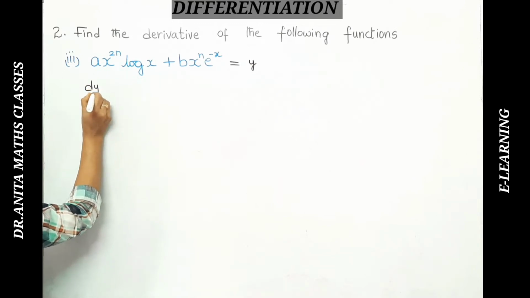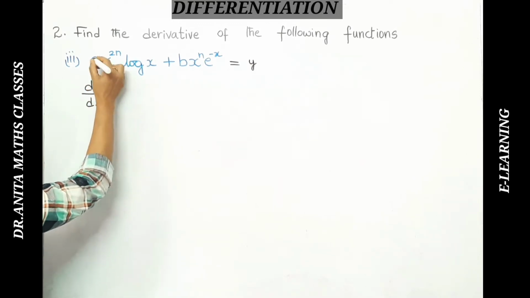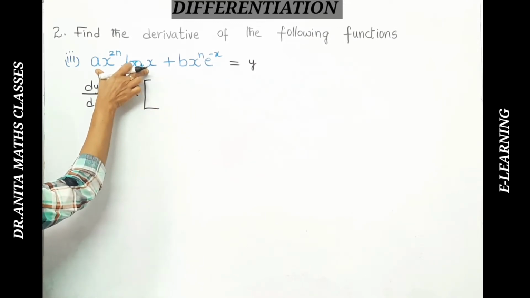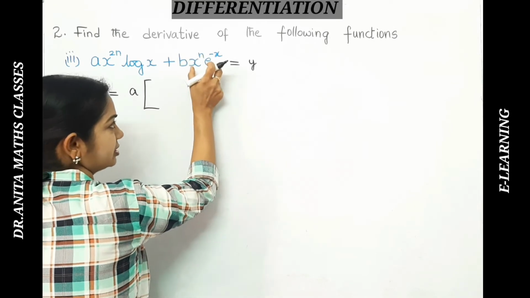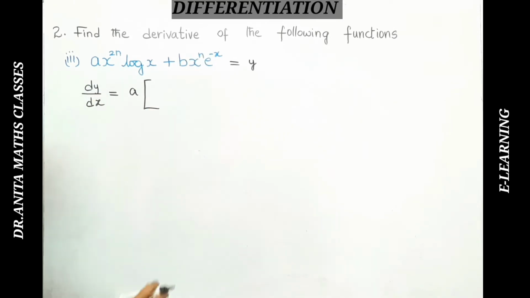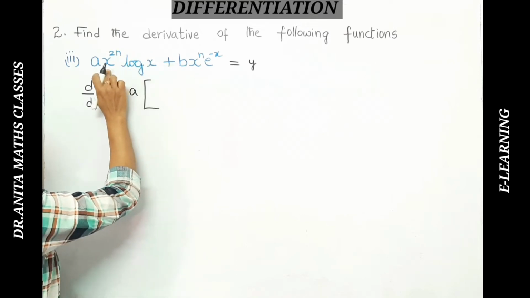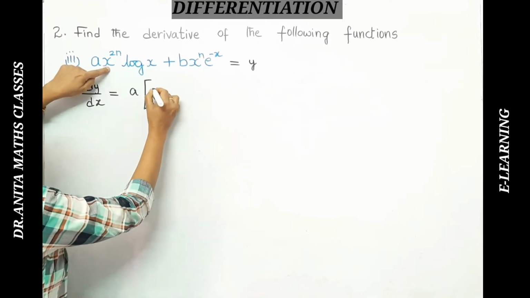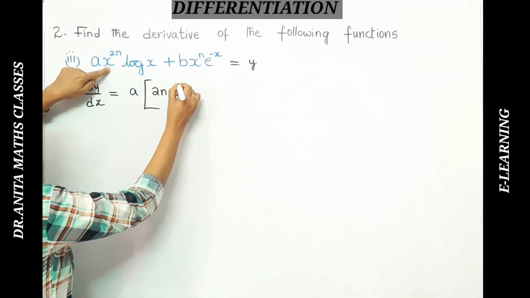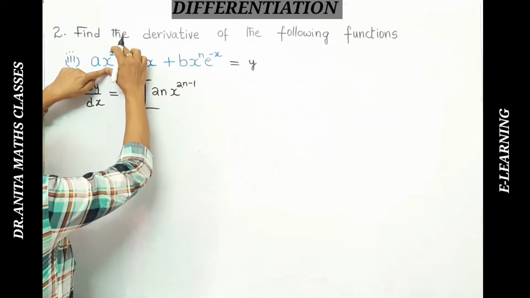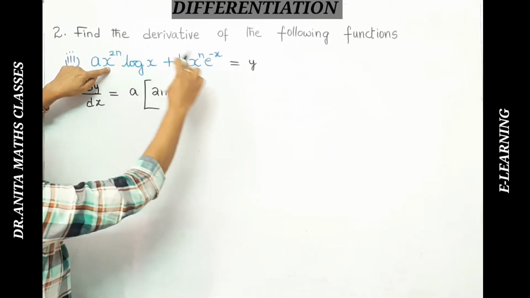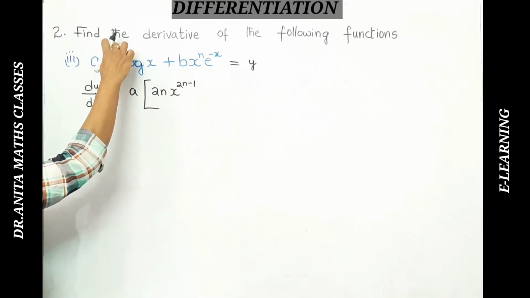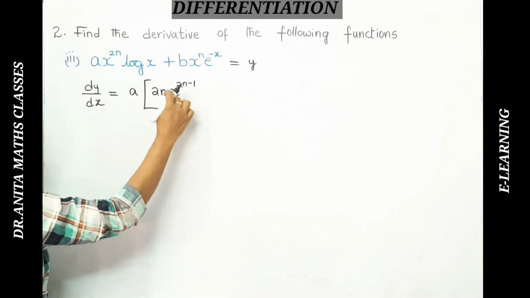So dy by dx equals, so let me take the constant out and differentiate this function, the uv product, u into v. Now here u is this part and v is this function. So differentiation of u, u dash, that is 2n, directly I am writing x to the power of 2n minus 1, okay, 2n x to the power of 2n minus 1.